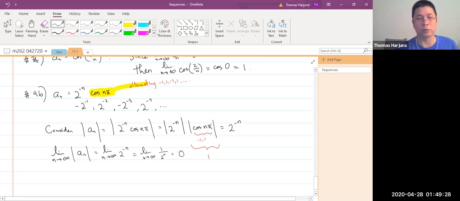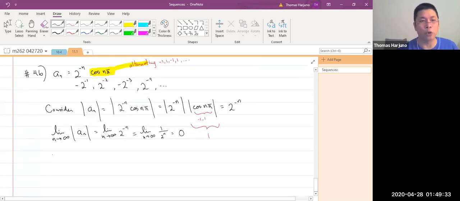This equals 0. Now, so the limit as n goes to infinity of a sub n, which is 2 to the negative n cosine n pi, will also equal 0. Maybe I write it this way.